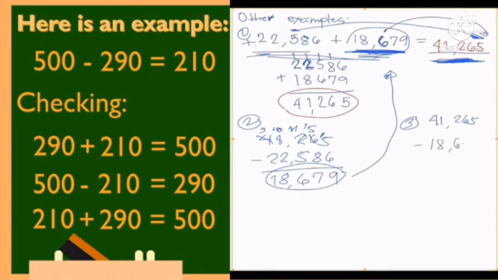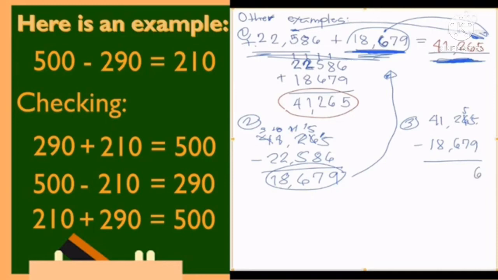Okay, so we have 18,679. 5 minus 9 is cannot, right? So 6 will become 5, and then 5 will become 15. So 15 minus 9 is 6.